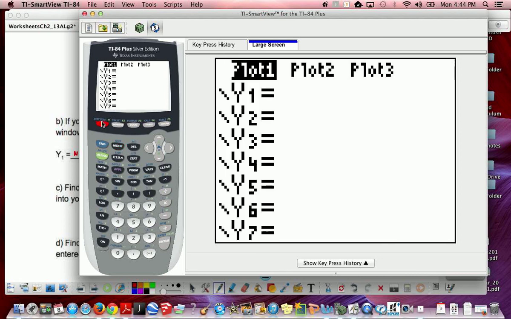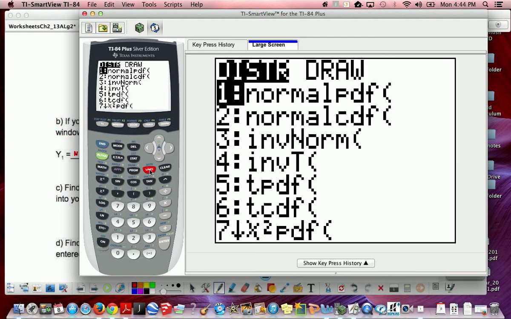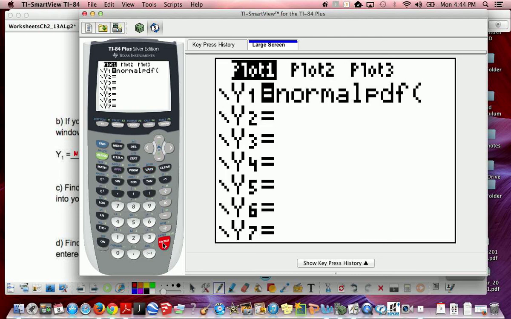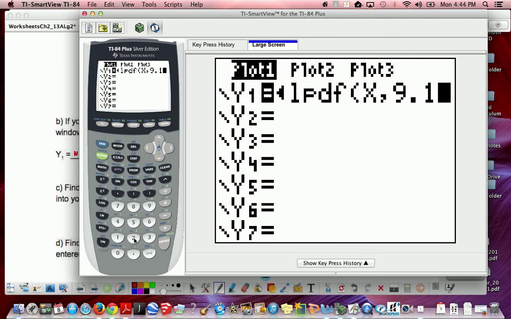So if I go back to the y equals, I want to select normal PDF. If I go second vars, there it is, number 1. I type in the x, I type in the mean, 9.12, and I type in the standard deviation, 0.05. Go ahead and close it.